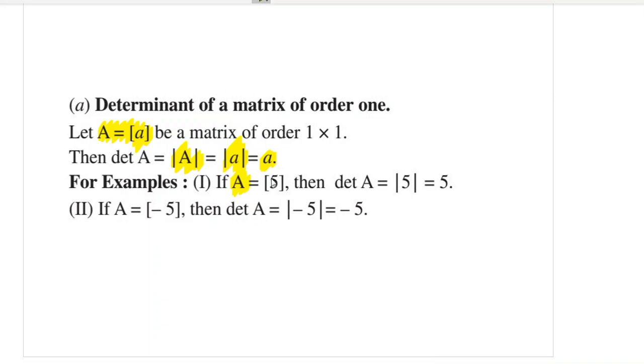Suppose a matrix A is represented like this, then its determinant is equal to 5. If matrix A is represented like this, then its determinant is -5.